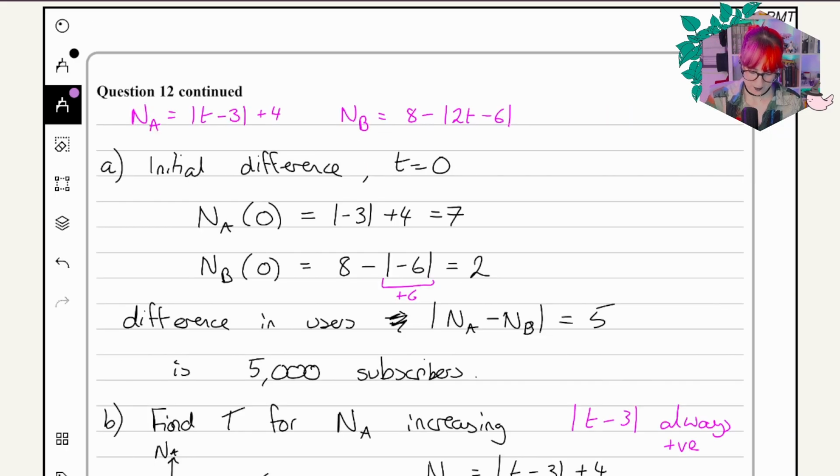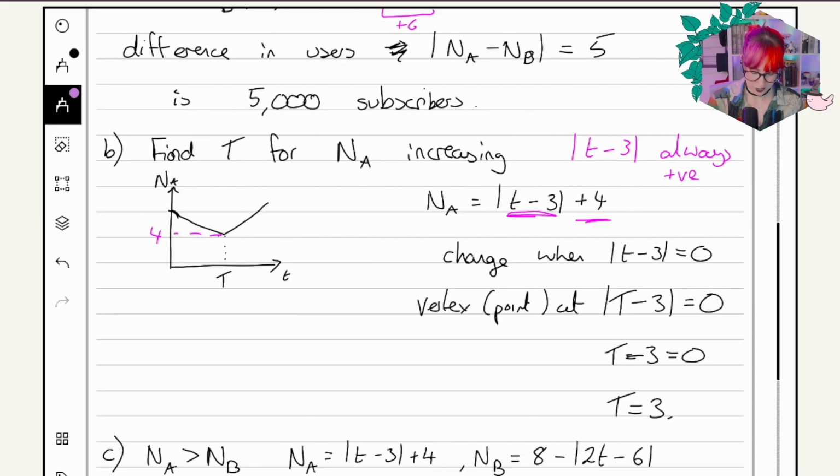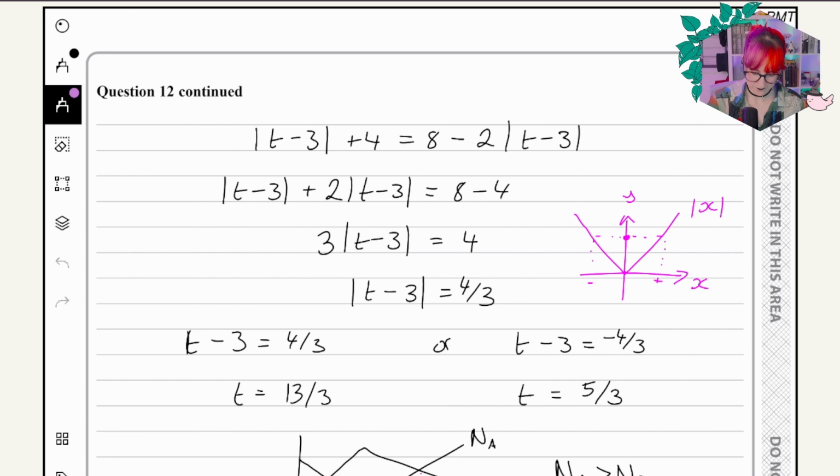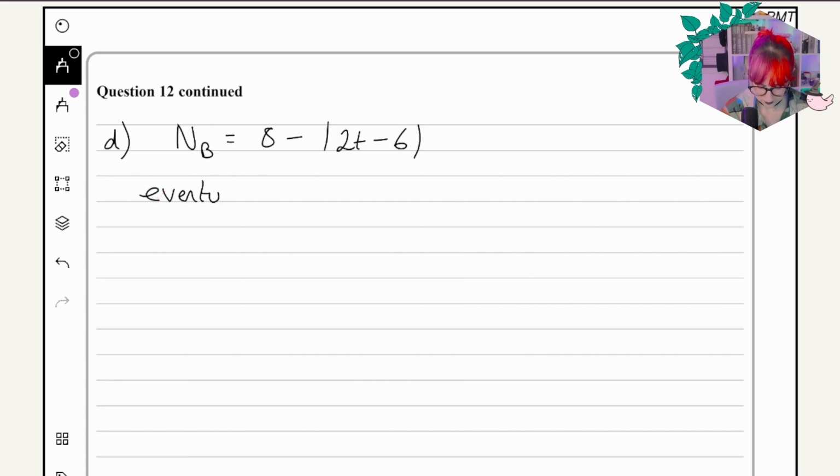And it's actually worse than that, where, you know, part D, NB is 8 minus 2t minus 6, right? So eventually, and n is the number of people, right?